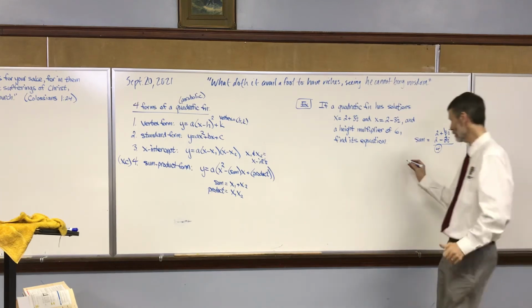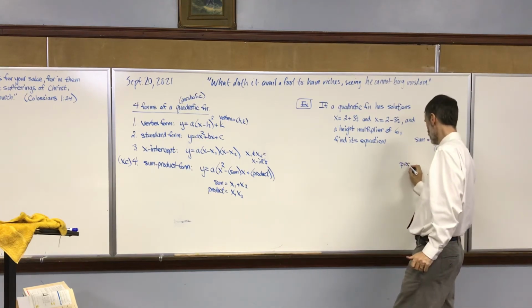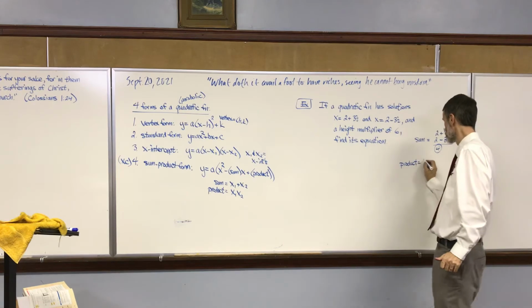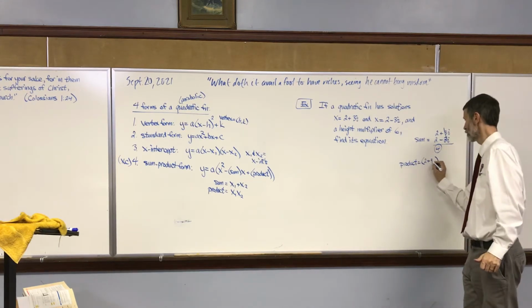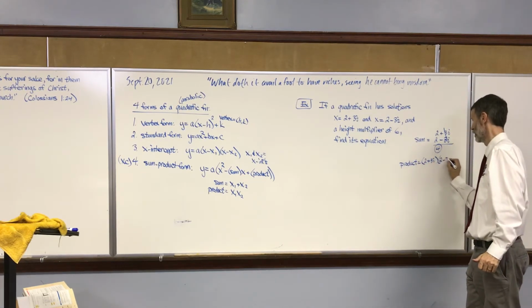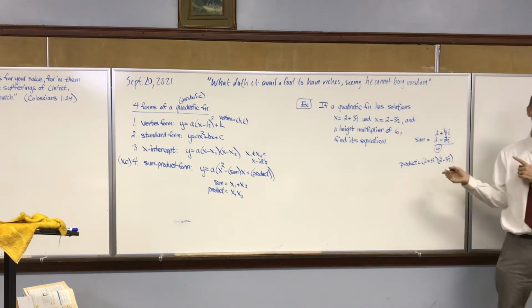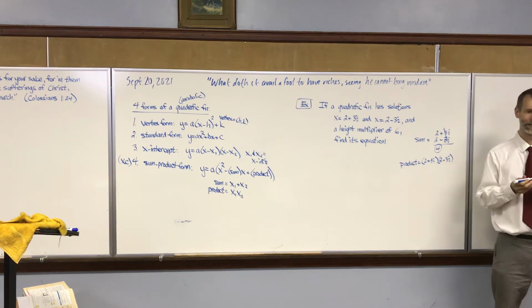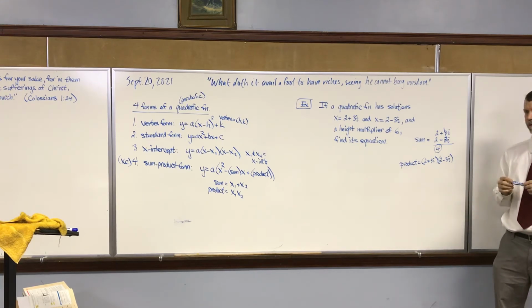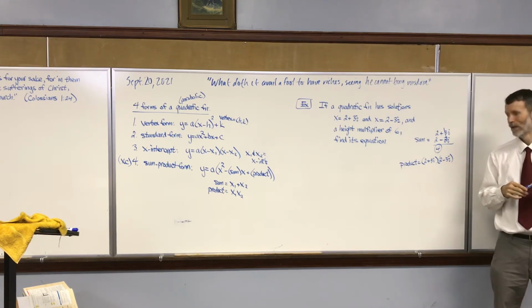Interesting. Can somebody give me the product? 2 plus 3i times 2 minus 3i. Suggestions? How do you do that? We've actually been doing this for the last week. FOIL, go for it.